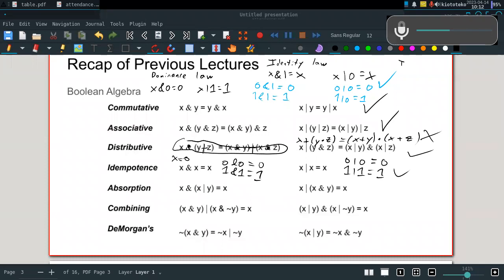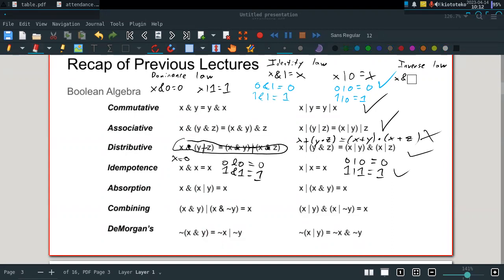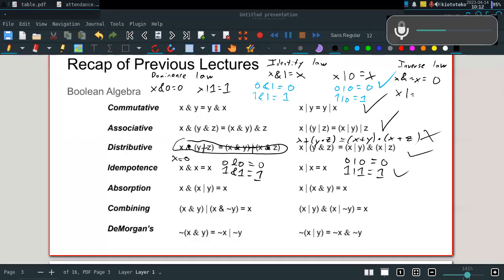Let's see, inverse law, which tells us that X and its complement is equal to 0, and X or its complement is equal to 1, no?